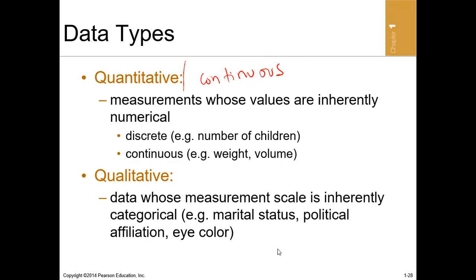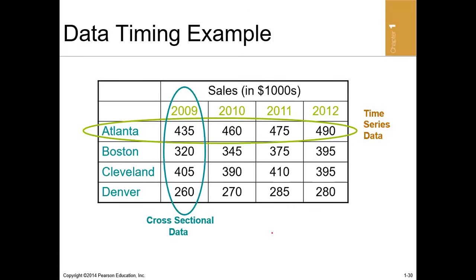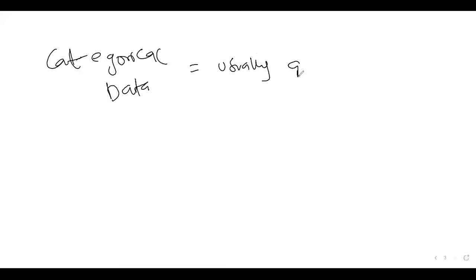Now, what I want you to know is that for categorical data, they are usually qualities, but there are some qualities that we cannot rank with any logic. For instance, qualities like color preference, yellow, blue, black, white, or whatever.